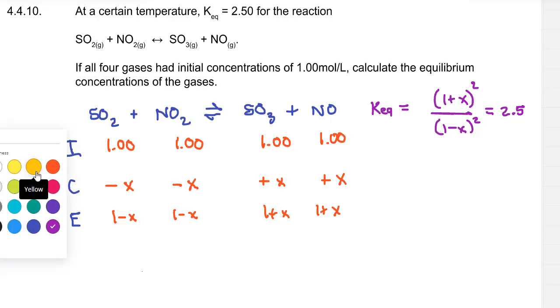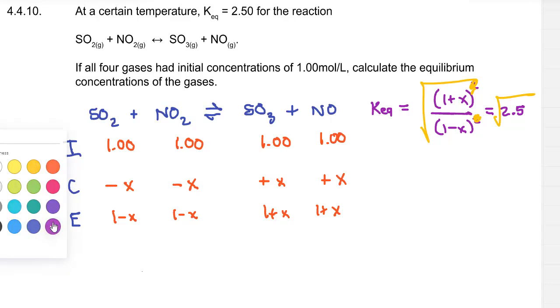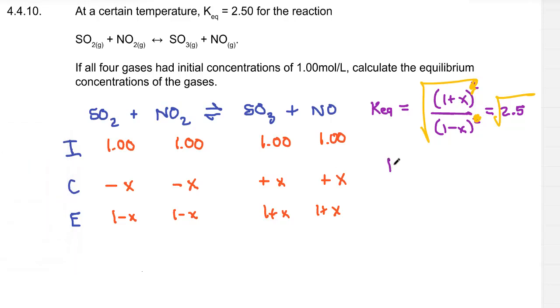What do we do? Square root both sides, get those squares off there. If we root that whole thing and root that, the squares get stripped off. And we get 1 plus x over 1 minus x equals the square root of 2.5, which is 1.581.